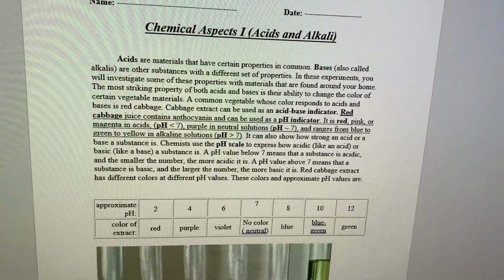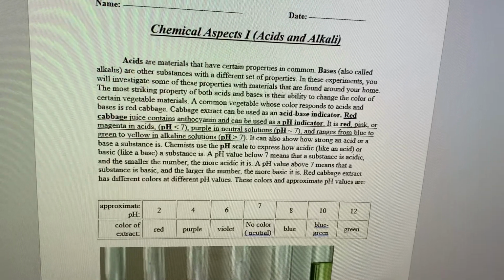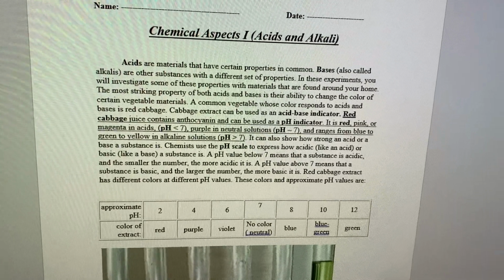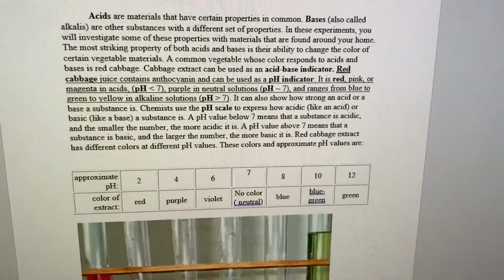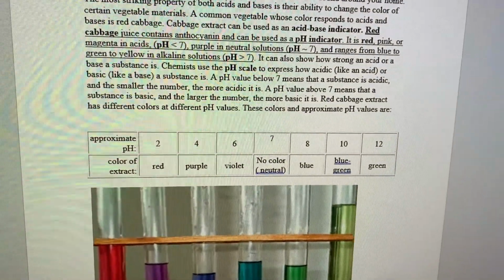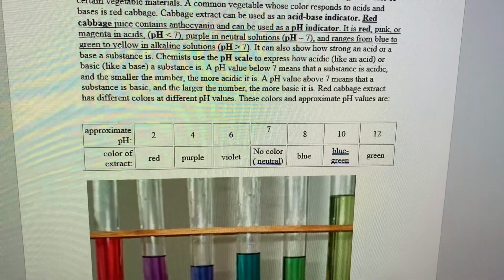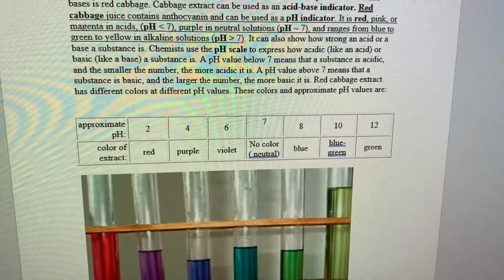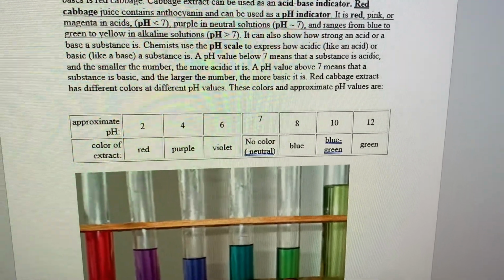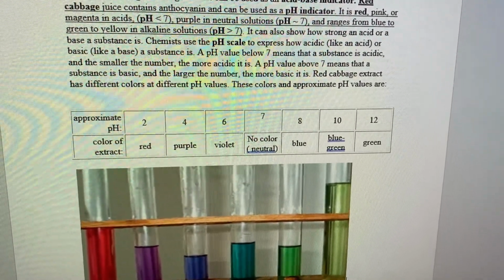We use the pH scale or pH papers to know whether a substance is alkali or acid. We look at the table over here. If we use pH papers and get a different coloration, we have an approximate number.